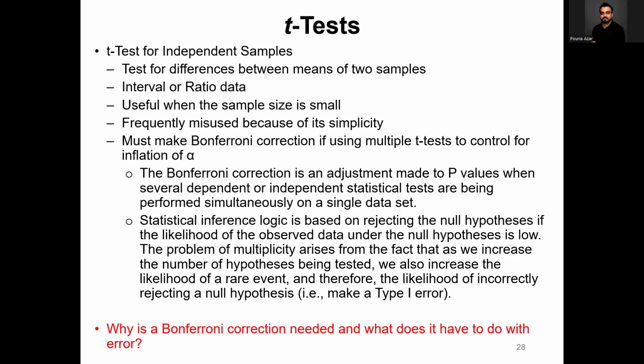This is kind of advanced statistics and I don't want to go into detail about that, but just for your information, whenever we are running multiple independent t-tests, we are inflating type 1 error. So we have to do some kind of correction to the p-value, and there is a formula to do that.